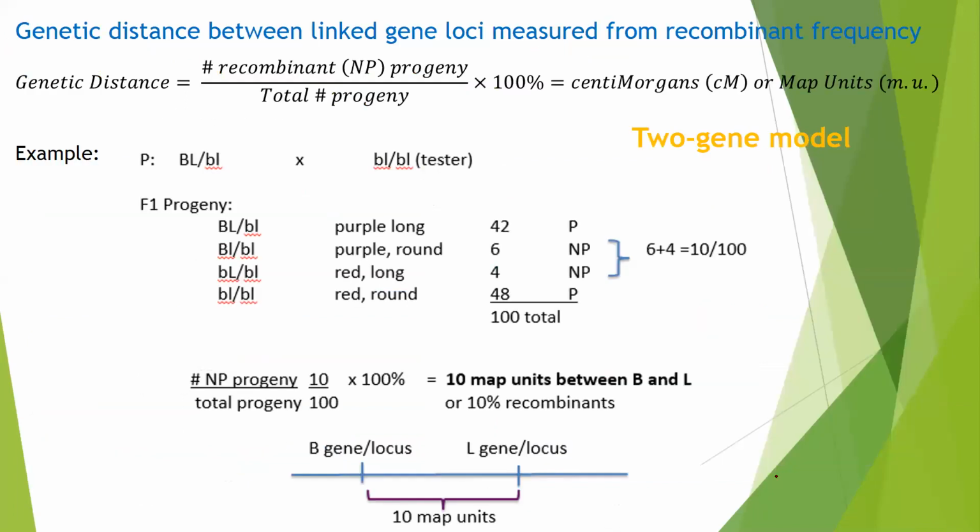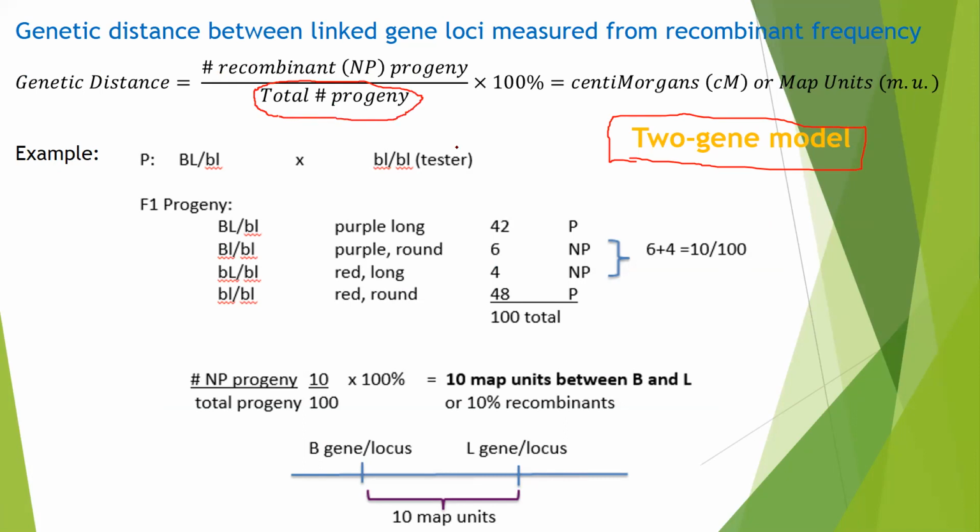Now, this is very, very important. As I mentioned, we need to calculate the genetic distance. This is a two-gene model, the simplest. If we want to calculate the genetic distance between these two genes, we need to do the test cross first. We need to generate a lot of progeny from the test cross, and then we have the total number of progeny, which is your sample size.